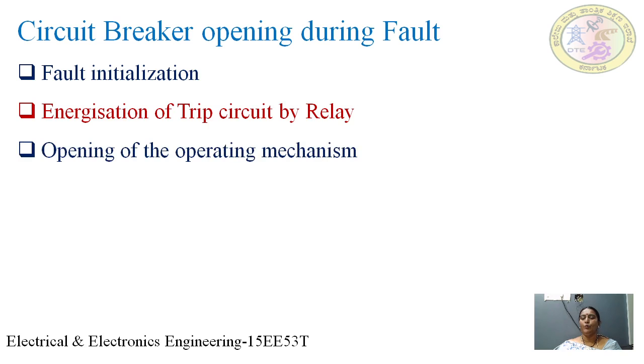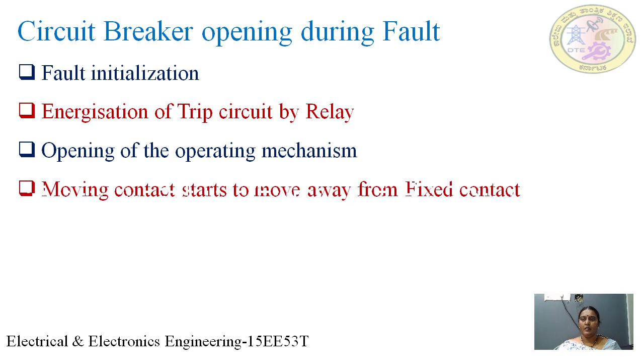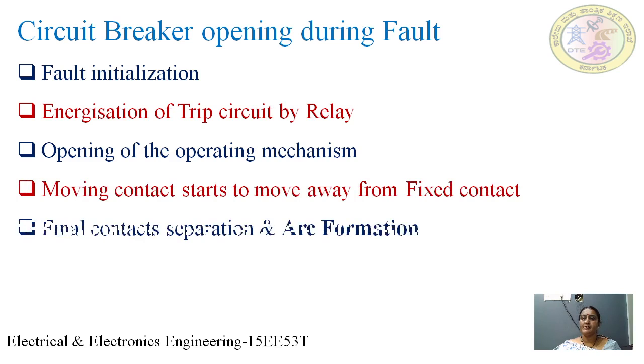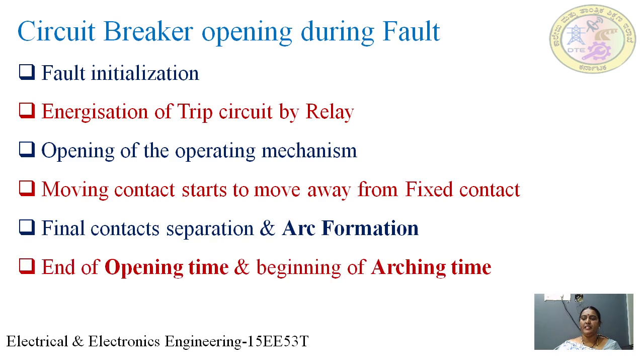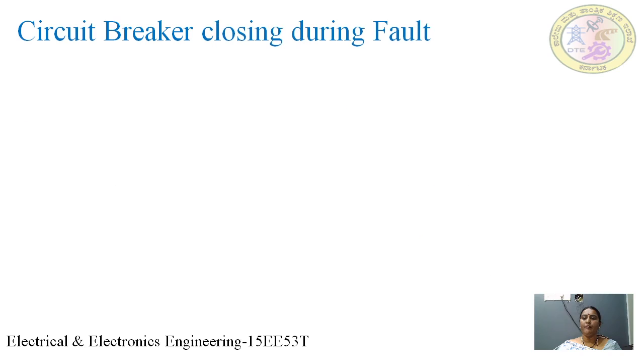Next, opening of the operating mechanism. Next, the moving contact starts to move away from the fixed contact, and there is a final contact separation and arc formation. Next, the end of opening time and the beginning of arc time.